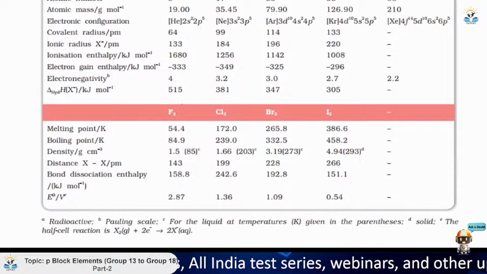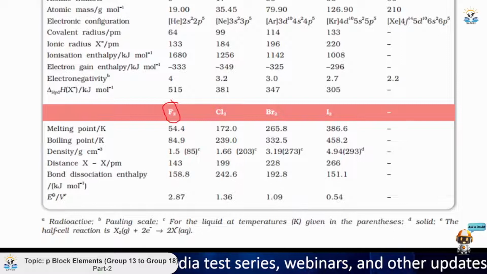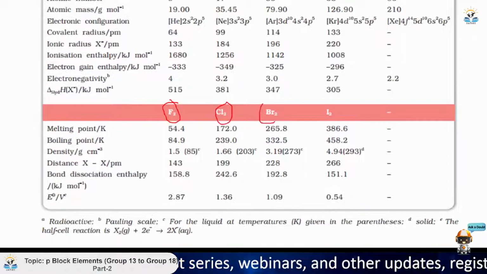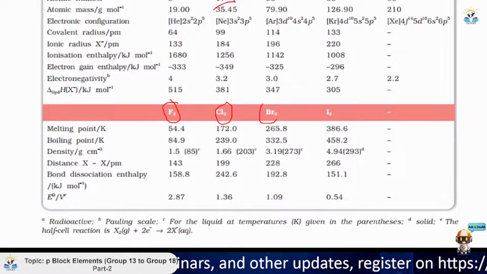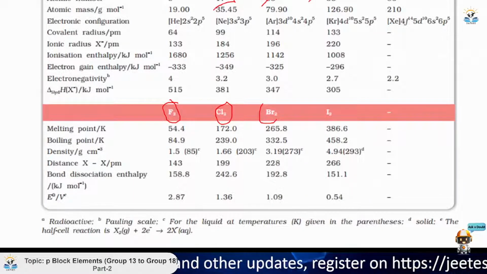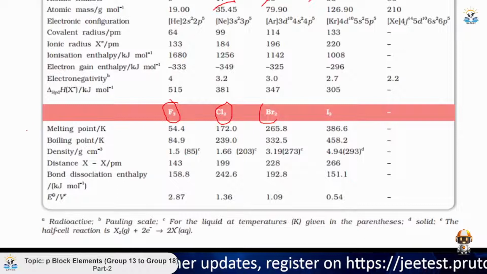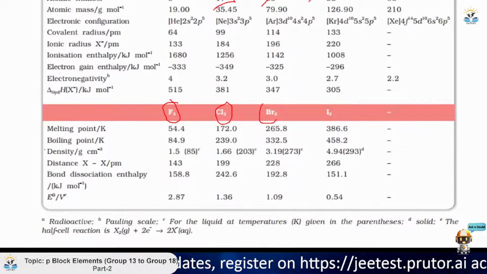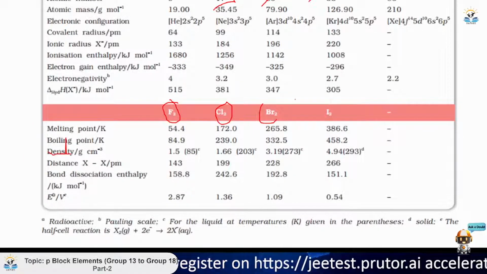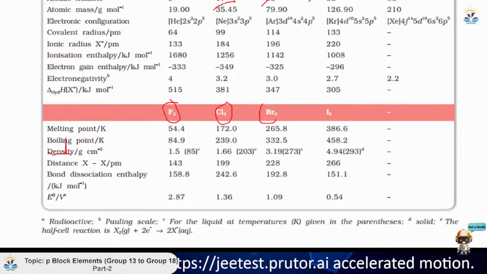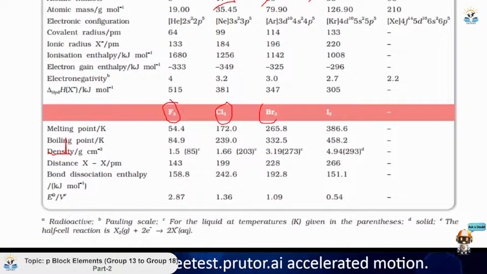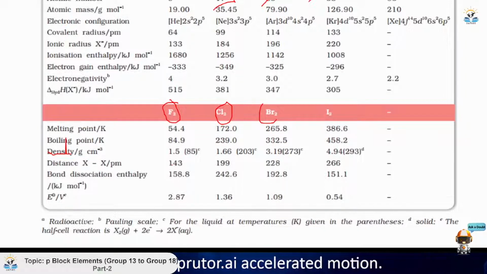Similarly, we generally see them in the form of F2, Cl2, Br2, and I2, rather than as single atoms of fluorine, chlorine, bromine, iodine. You see the density increases as we go down, that is from F2 to I2. And the bond dissociation enthalpy also has its own variation over here.